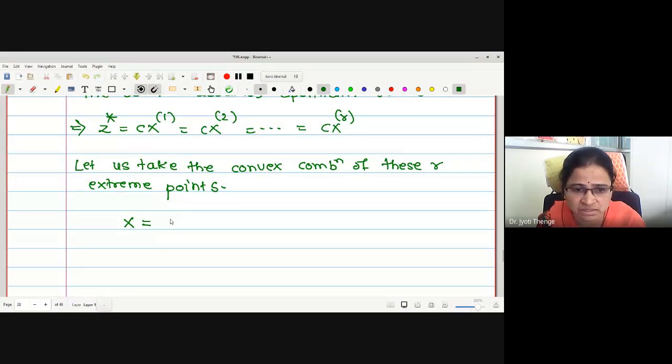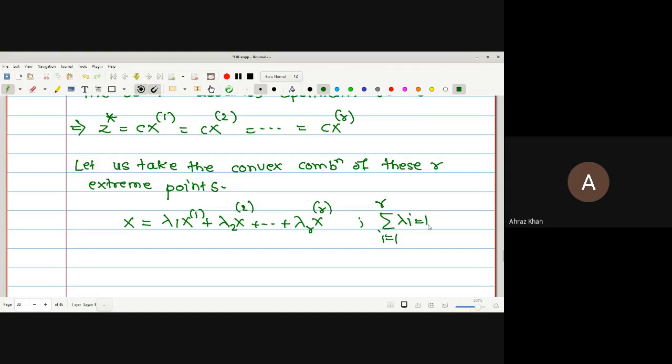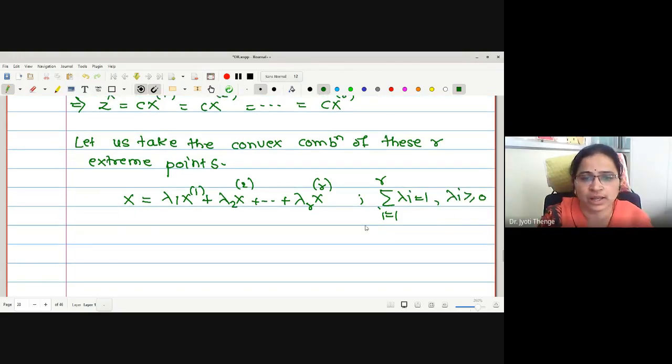We say x, and the convex combination is lambda 1 x1, lambda 2 x2, so on, lambda r xr. What are the conditions on the scalars? Summation is 1 and lambda is non-negative.